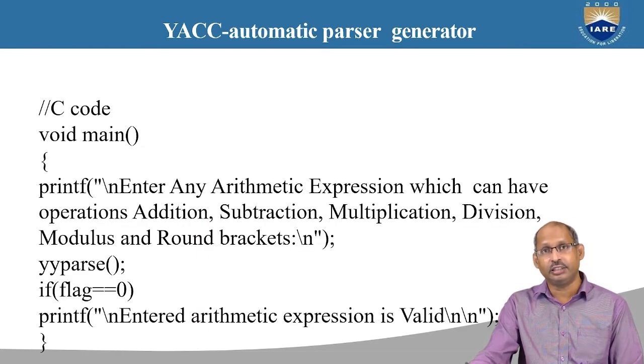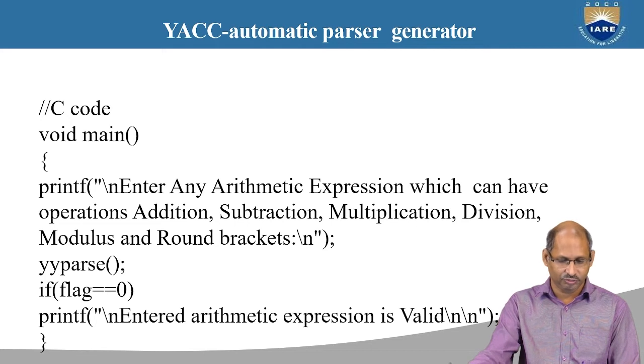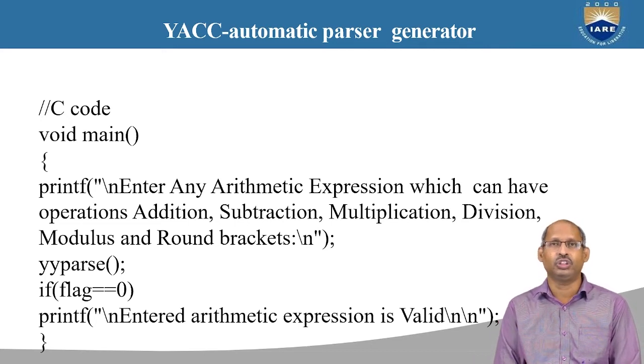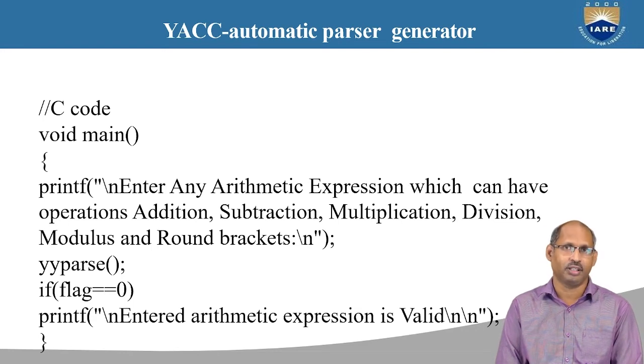So the third part will have the C code. All C functions which are required and used in the second part, right? In the second section, we may call any C code, C functions. All such C functions and C code will be defined in the third section.